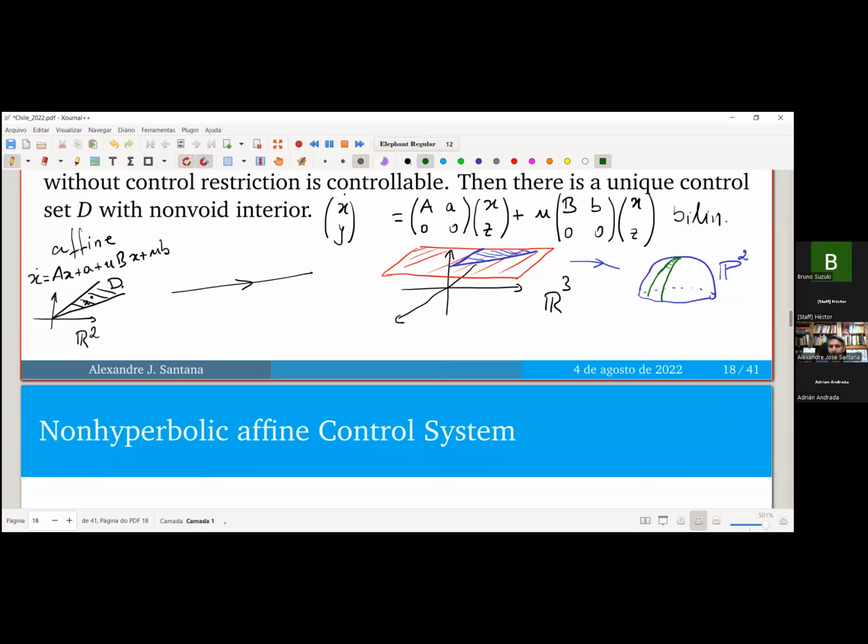We can prove this, and geometrically I think that it's clear.